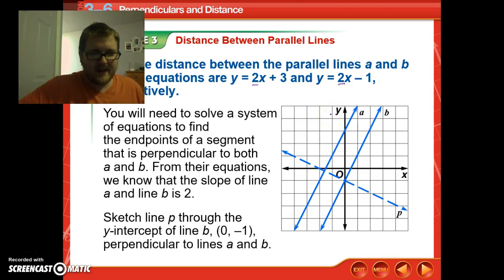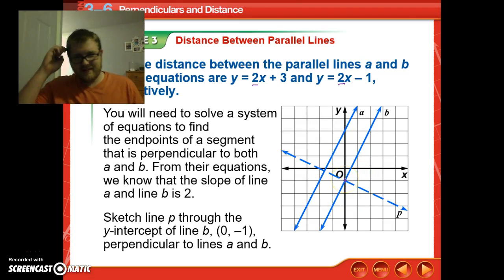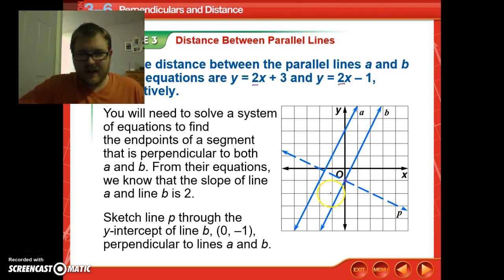So sketch line P through the y-intercept of line B, which is 0, negative 1. That's just convenient for us because we have a point on B, and we want it to be perpendicular to both lines.